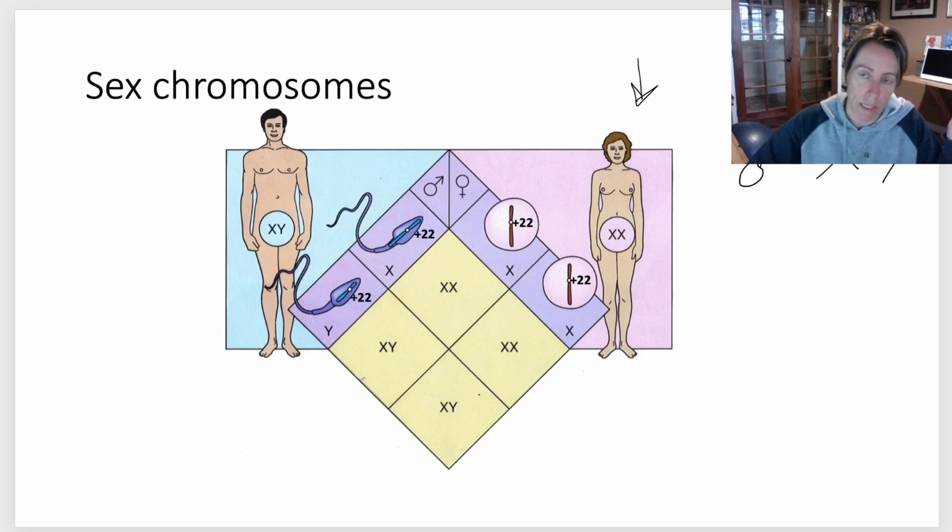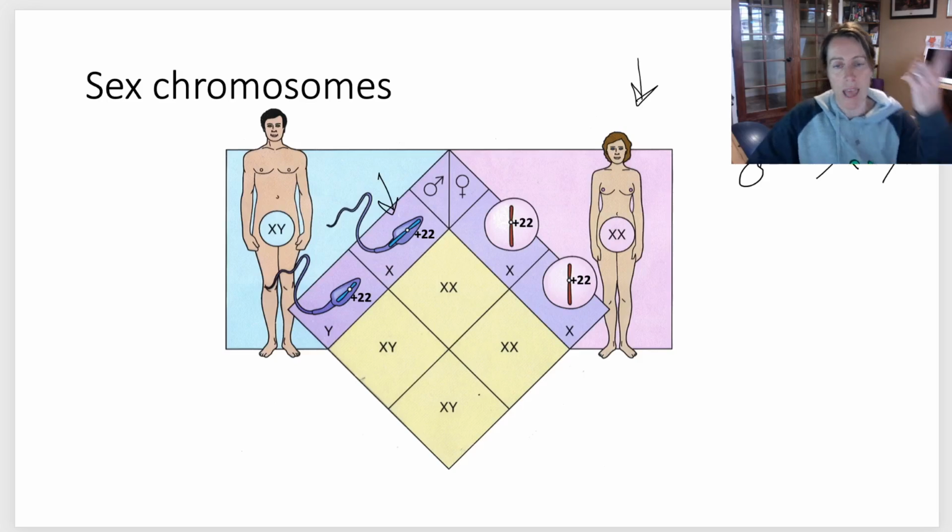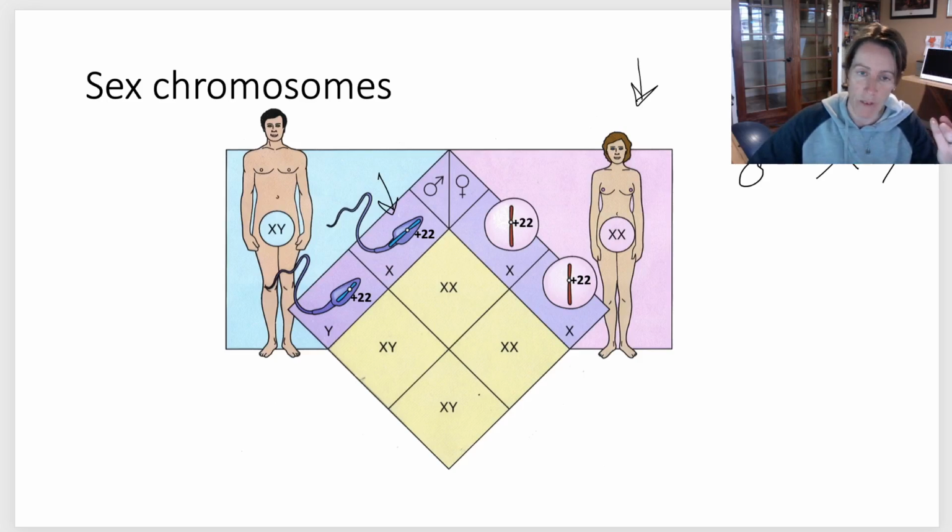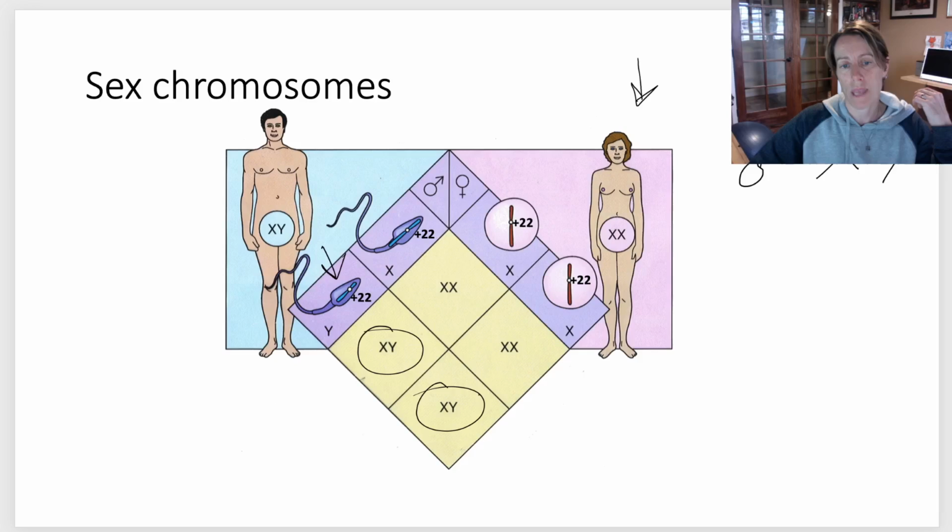Then it's basically a race, and it depends which sperm, this one or this one, fertilizes the egg. If this sperm gets to the egg first, there's an X from the mom, and the sperm brings another X. Then you have 2 X's, so the baby will be a female. If this sperm gets to the egg first, then the mom put an X in the egg, the dad brings a Y by way of the sperm, and then you have an XY, and so therefore the child will be a male.